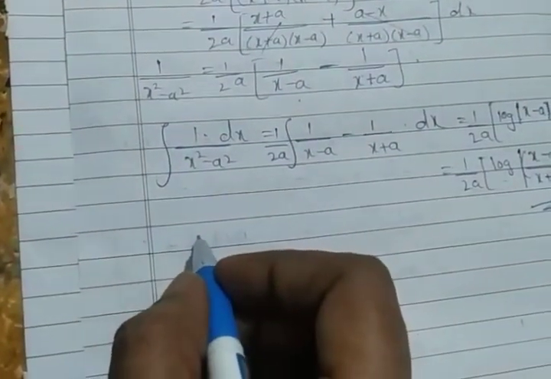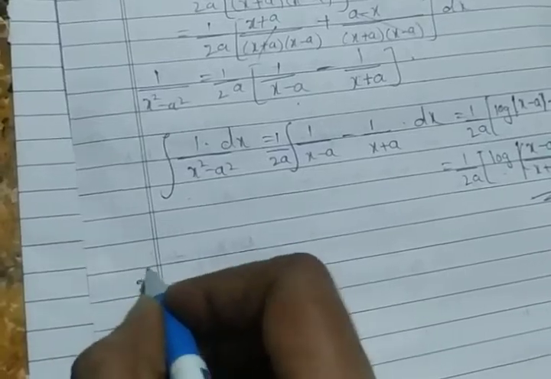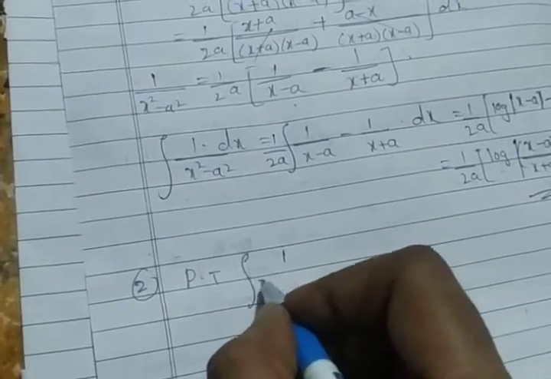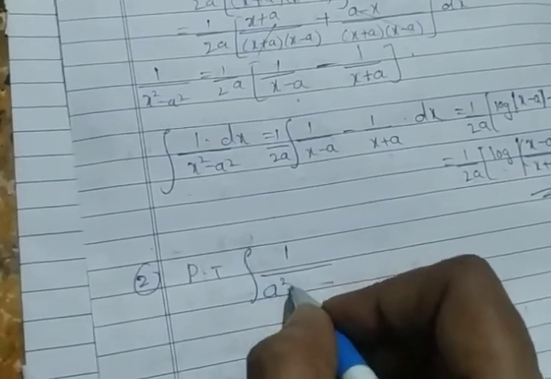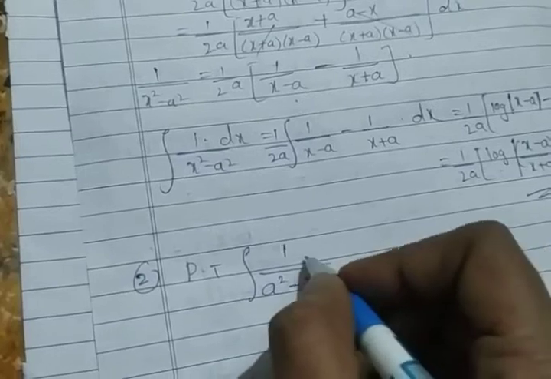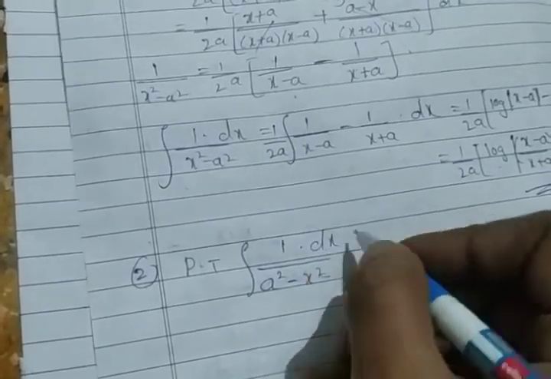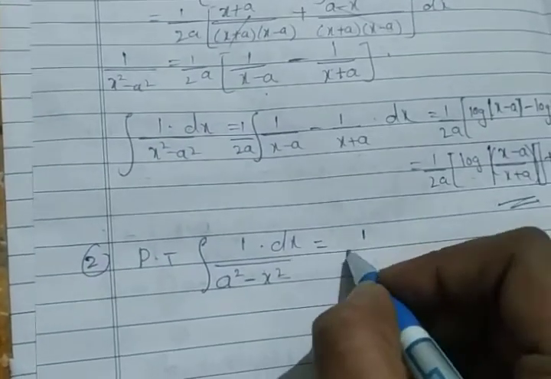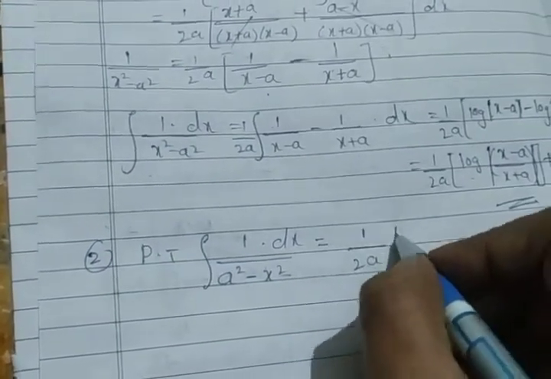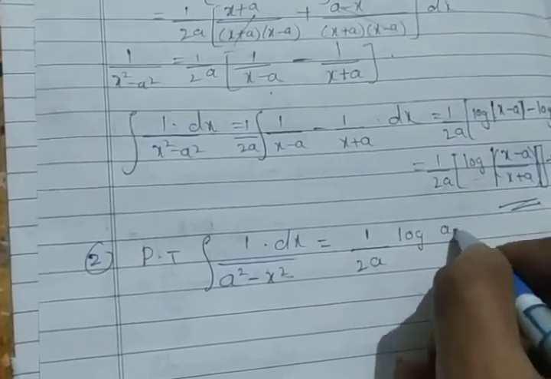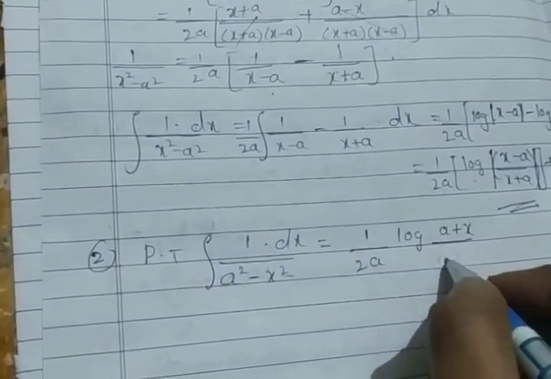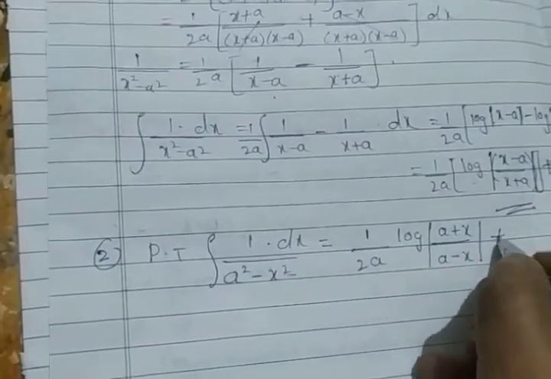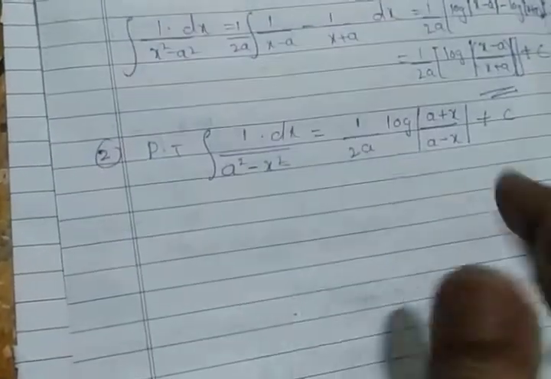Next, second identity. Prove that the integral of 1 by a square minus x square into dx is equal to 1 by 2a into log of (a plus x) divided by (a minus x) plus c.